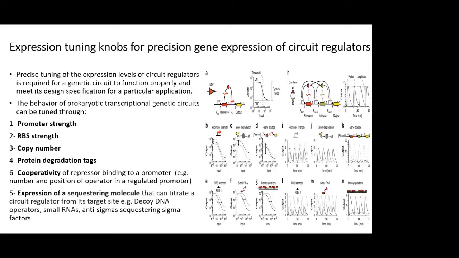For example, it is known for a genetic oscillator that for robust oscillation, you need high cooperativity or strong promoters. You could implement such design rules in computational tools to help you automate the design.